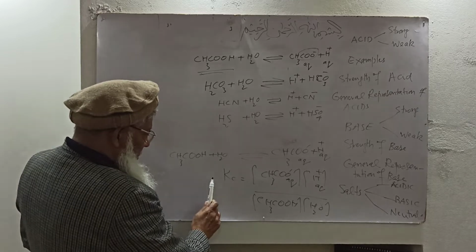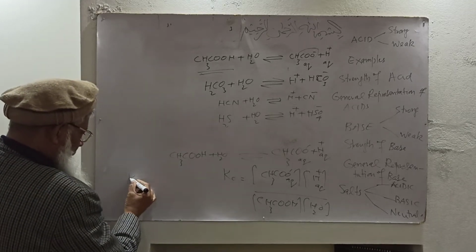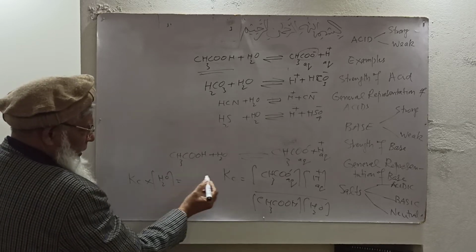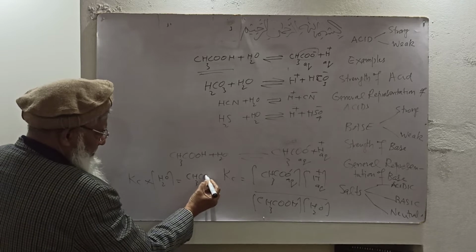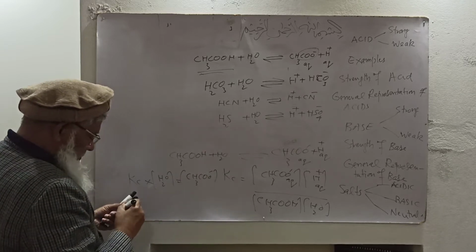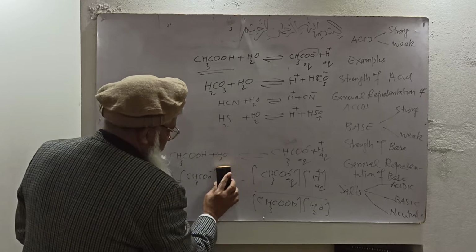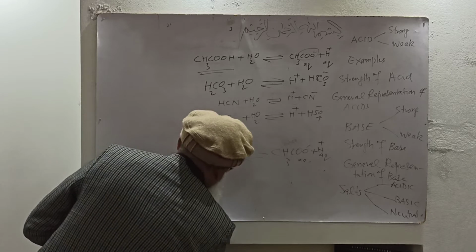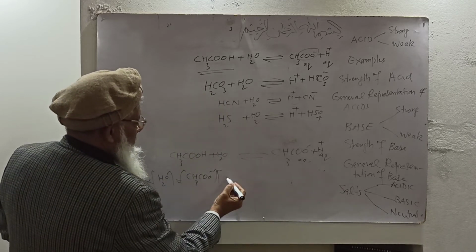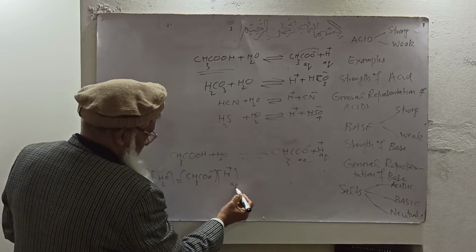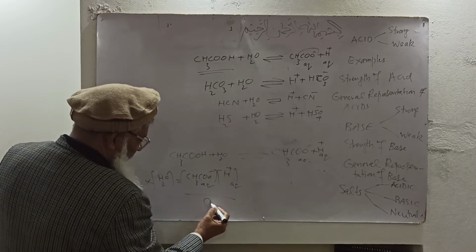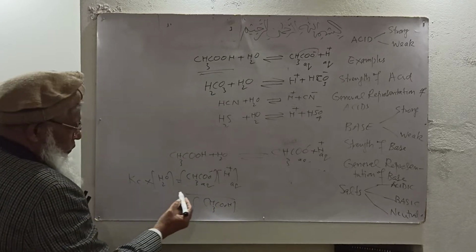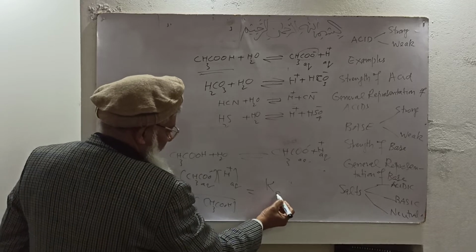When this is brought to this side, Kc into H2O, here dissociated acid, here undissociated, this Kc into H2O may be written as Ka.